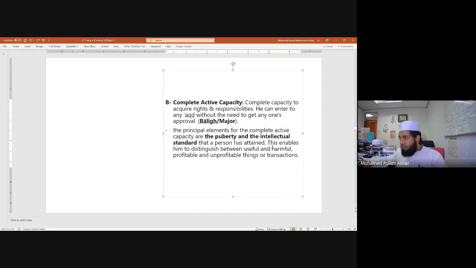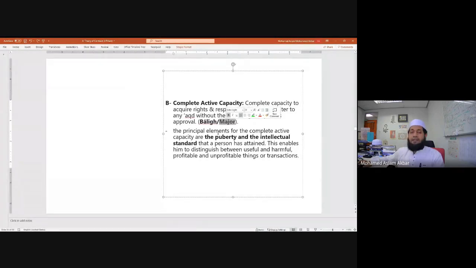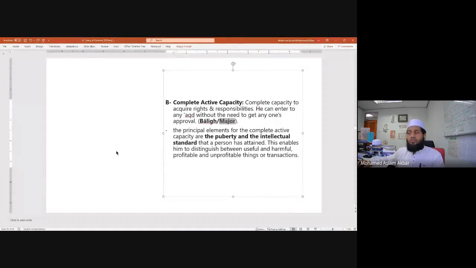What if there is a problem in this, whether in the puberty or in the intellectual standard? When someone has complete active capacity, that is one thing. But when he is having some problems, then even though he is a major, he cannot deal with trading.